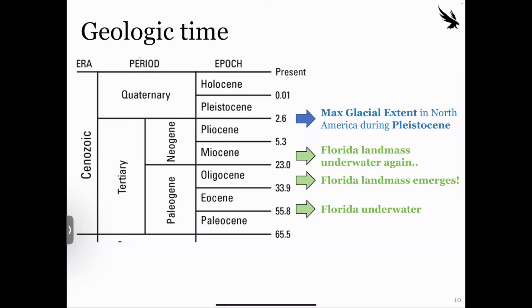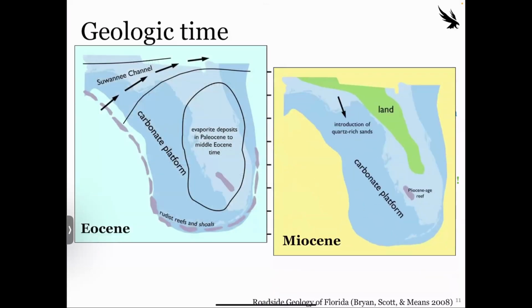Florida's geology is very unique because it was exposed, dried up, and then underwater, and then this constant repeat of underwater, landmass emerged. And that's all because of the glacial extent moving all the water up there. What this actually means for us as engineers is it used to look like this. In the Eocene, everything was underwater.